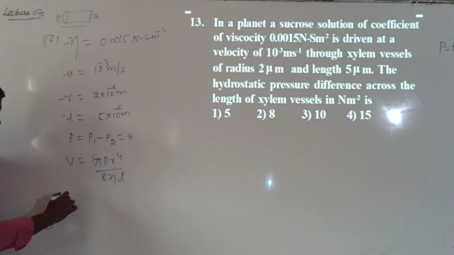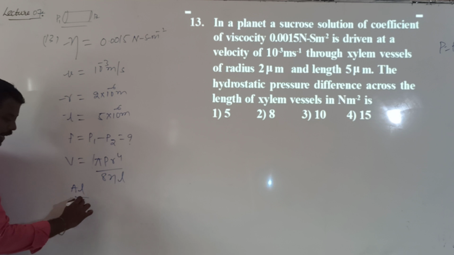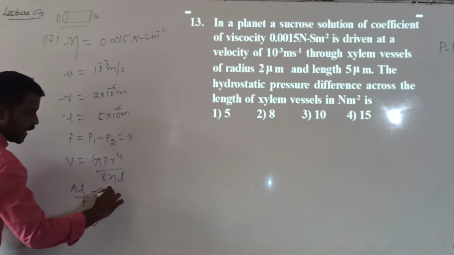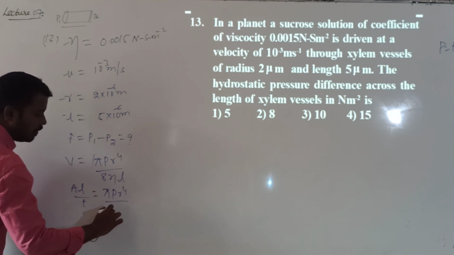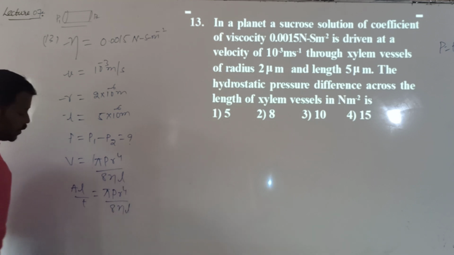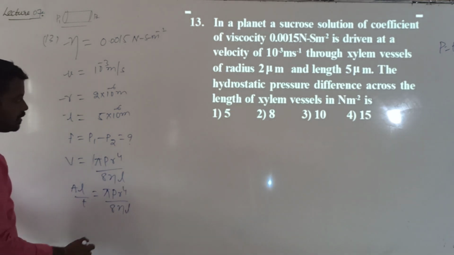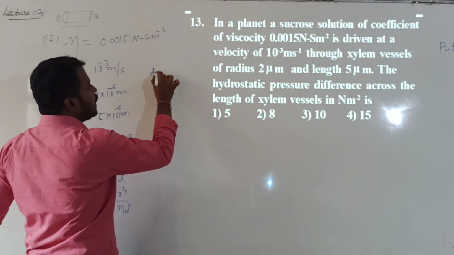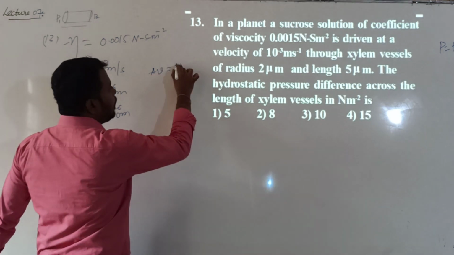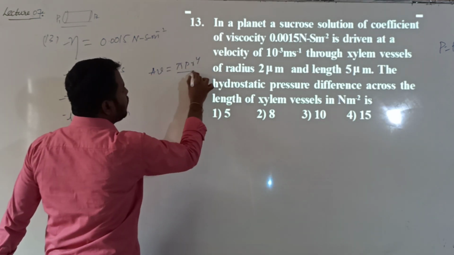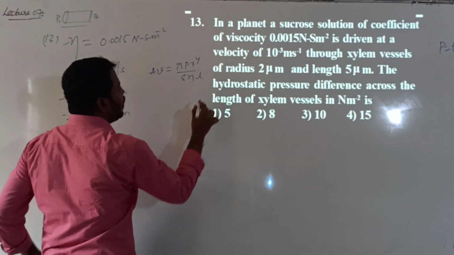Volume is equal to area into length, so A into L by T will be equal to pi P R power 4 divided by 8 into eta into L, which can be written as A into L by T, nothing but V, equal to pi P R power 4 divided by 8 into eta into L.